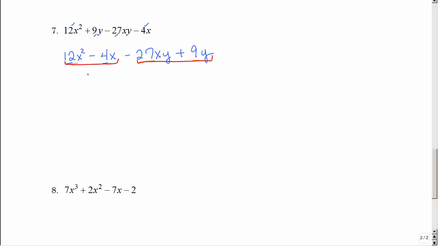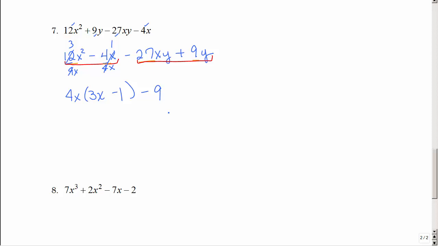So the first two, I think they're both divisible by 4x. What do you think? So 4 goes into 12 3 times, and then the x's reduce. That reduces to minus 1, not 0. Okay, in the second grouping, I have a minus first, so I'm going to take out a negative.